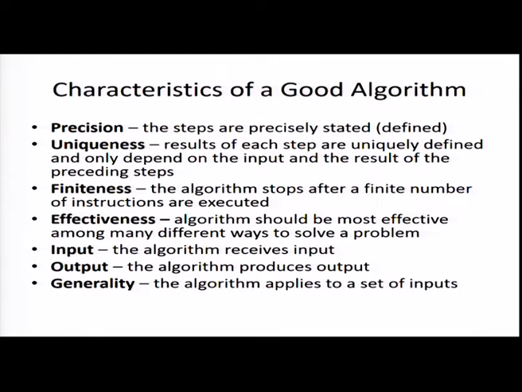The steps are to be precisely stated. It should be precisely defined: what are you going to do, and how are you going to do it. That step you have to define precisely. So as the first characteristic, precision: the steps are precisely stated.